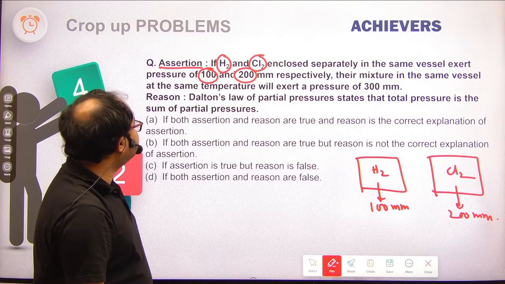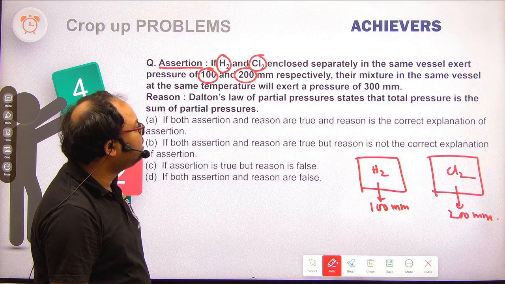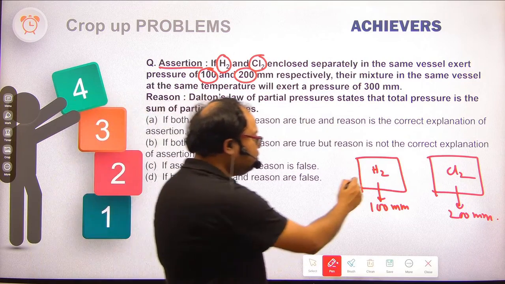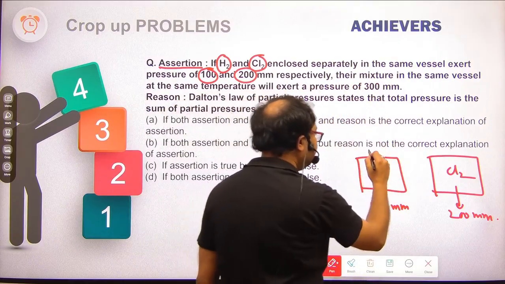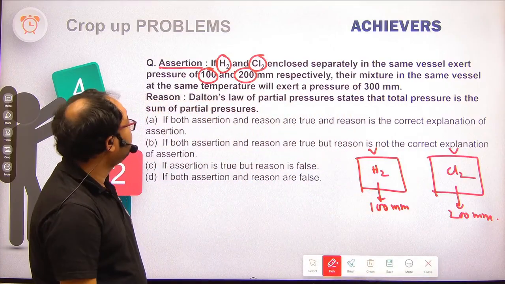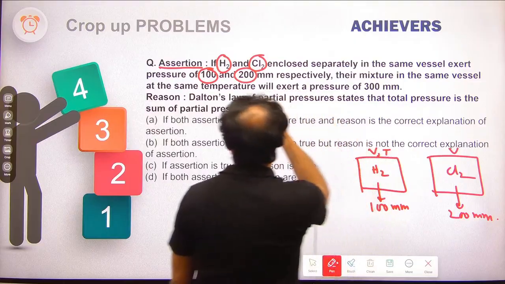In the same vessel at the same temperature, the mixture will exert a pressure of 300 millimeter. So these two vessels are the same, which means the volume of the two vessels is the same, and the temperature is the same.